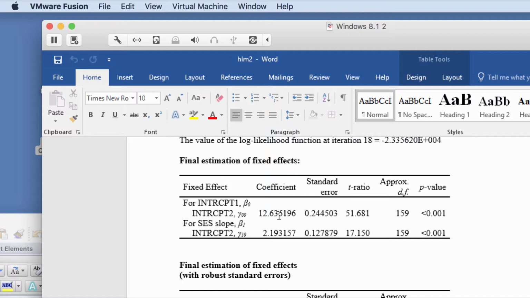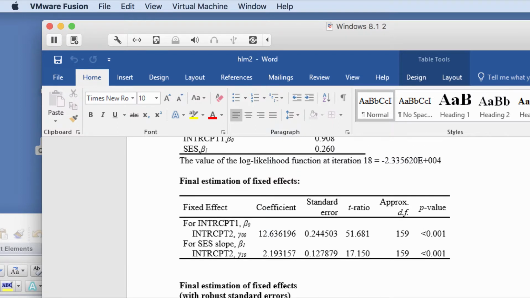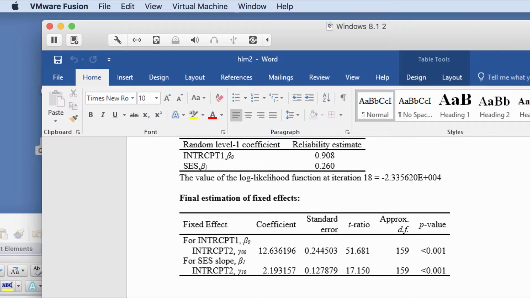This has decreased some because we've added socioeconomic status at level 1 as a predictor variable, so it's explaining some of the variability in math achievement. And our slope coefficient is 2.19, which is the grand mean of all slopes across the 160 schools.